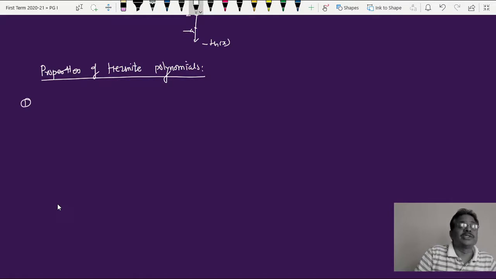Here, Hn of 0, x value equal to 0, is equal to 0 when n is odd, that is, when the index or power is odd.